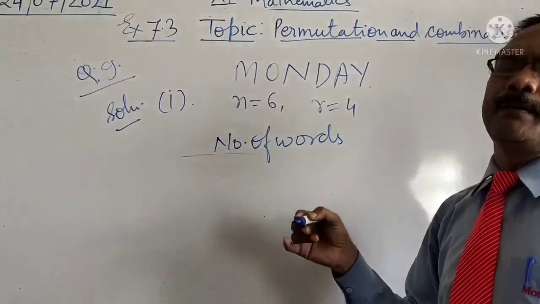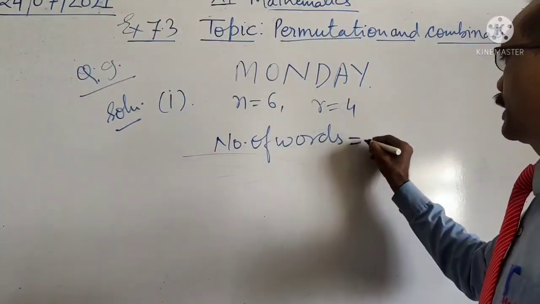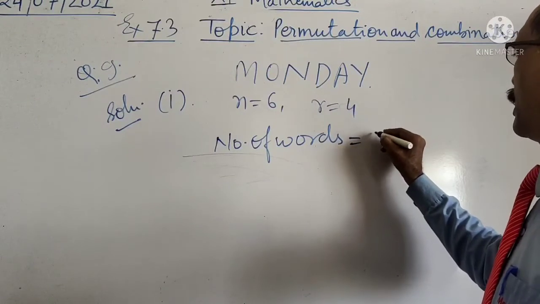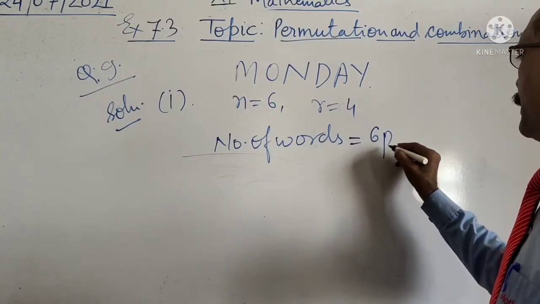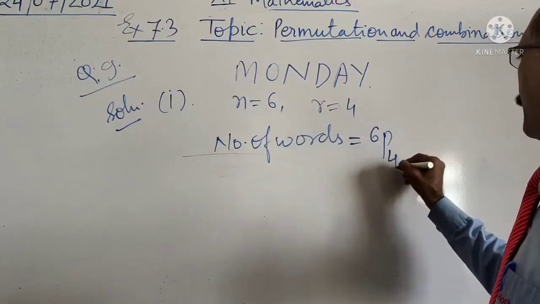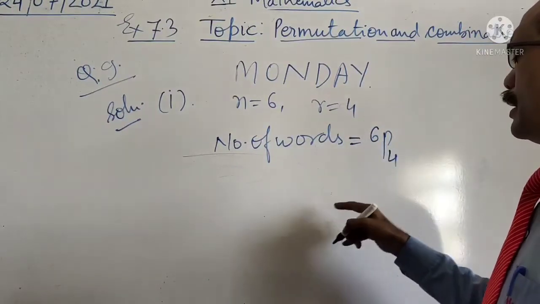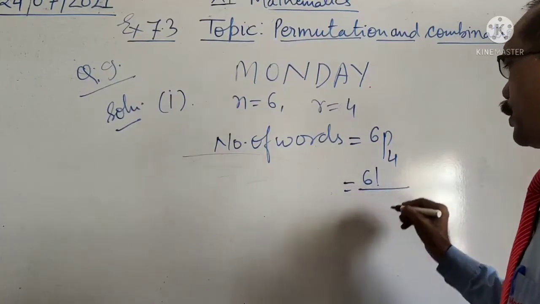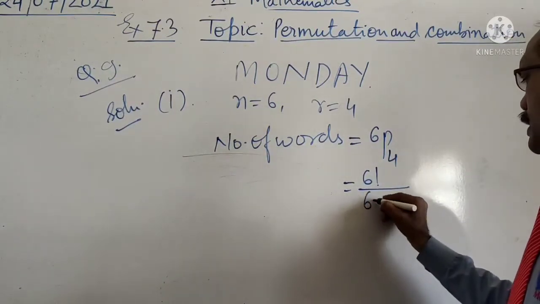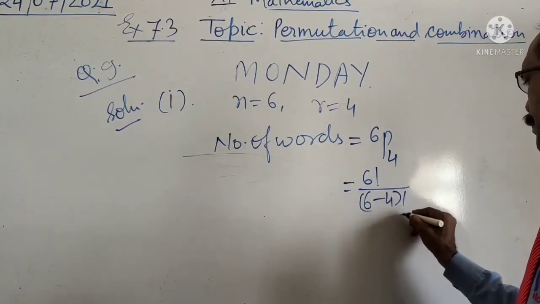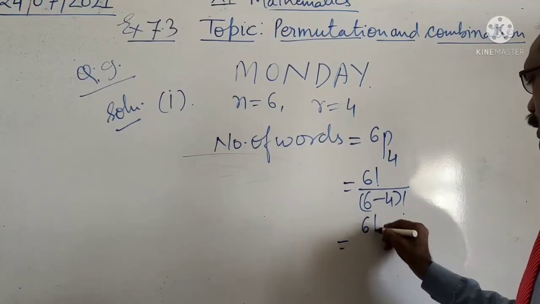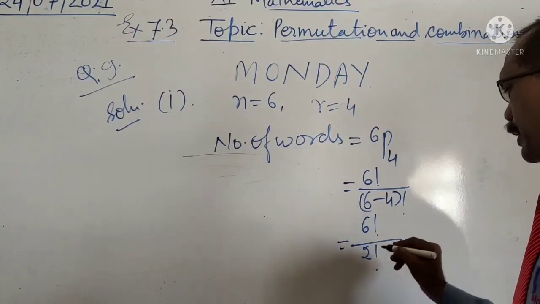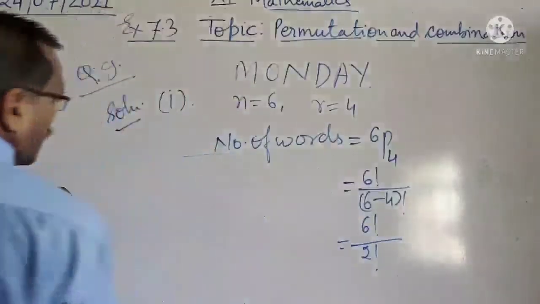Now the number of words is obtained by using the logic of permutation. It is nPr, or it is 6P4. Then it is 6 factorial upon (6 minus 4) factorial. It is 6 factorial upon 2 factorial. Now we will simplify this.